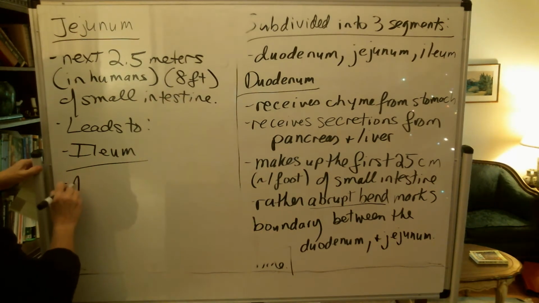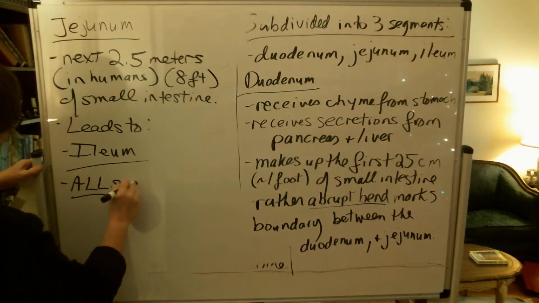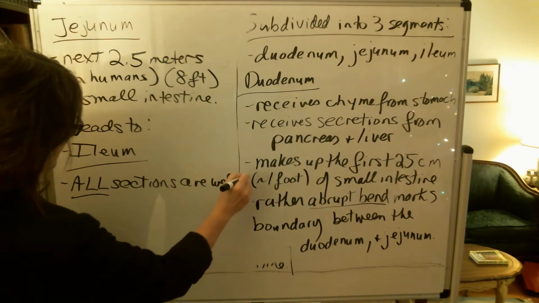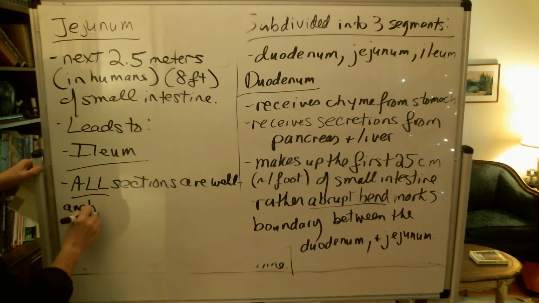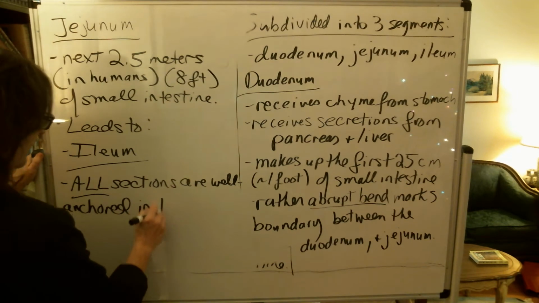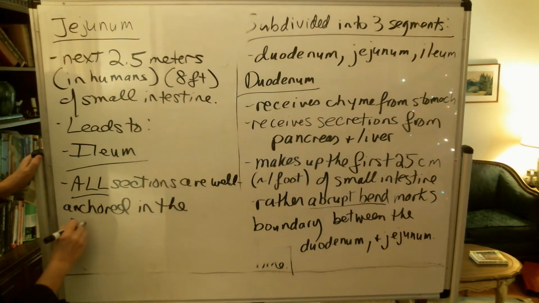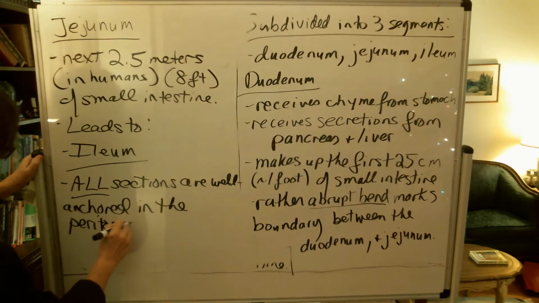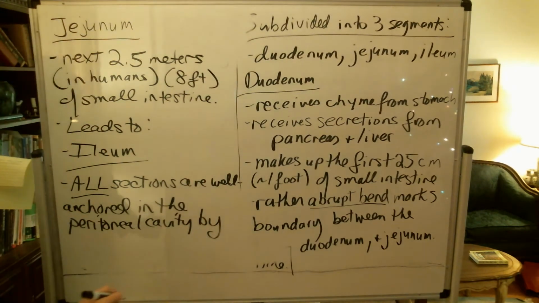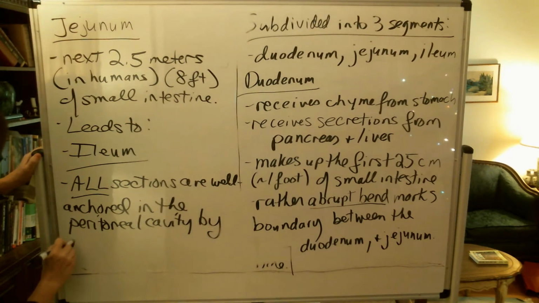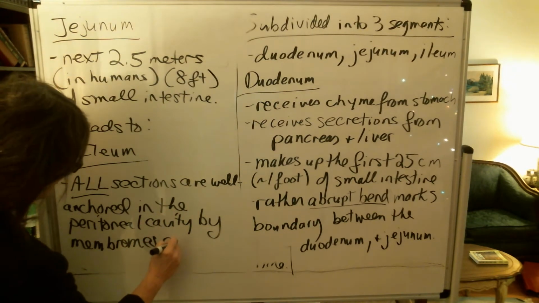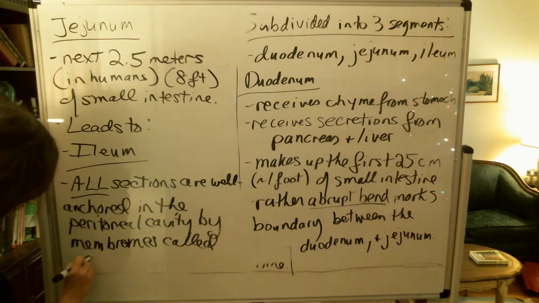And all of these sections are well anchored in the peritoneal cavity by membranes that are called mesenteries.